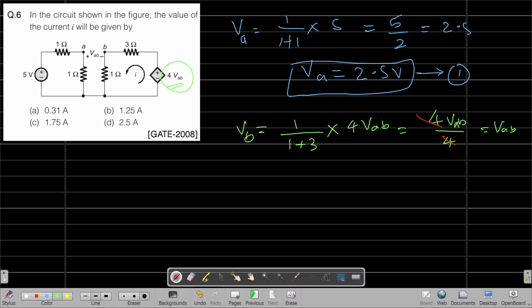Now, VB equals VAB. This is equation 2. Alright, now we will write KVL for this loop.